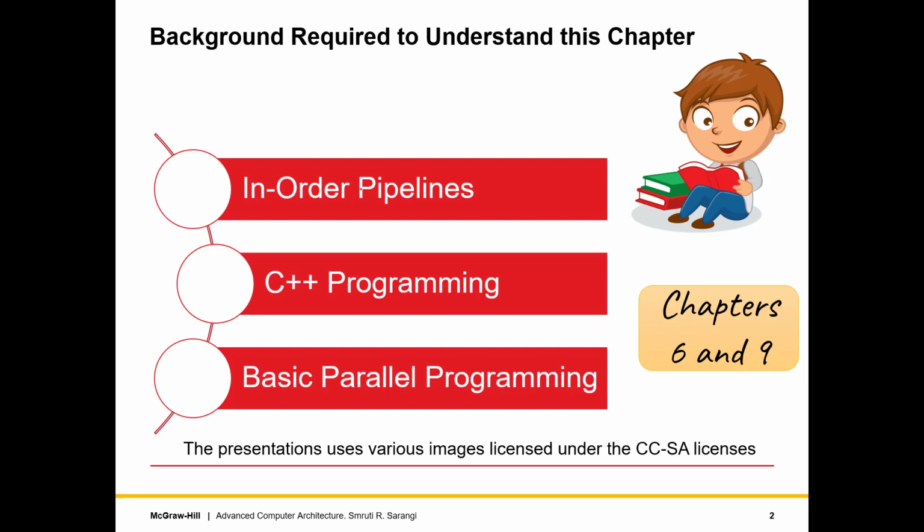The background chapters for this chapter are chapter 6 and chapter 9. Chapter 6 talks about GPU programming, and chapter 9 talks about multiprocessors. This is what is needed to go further.